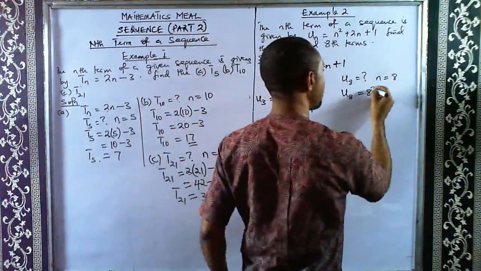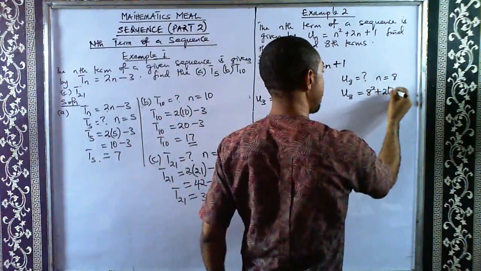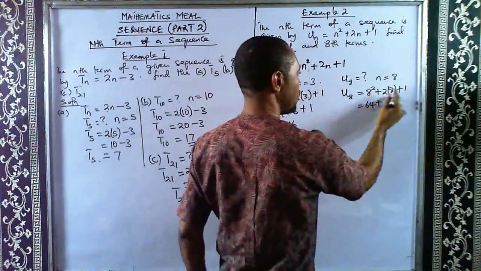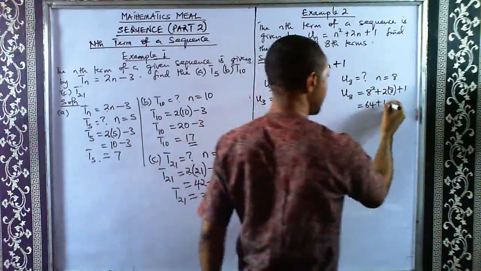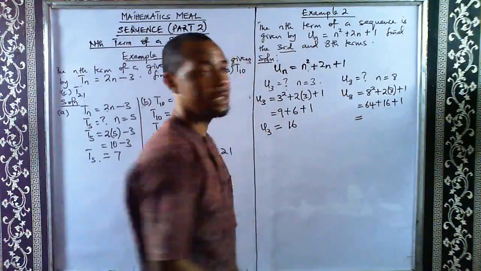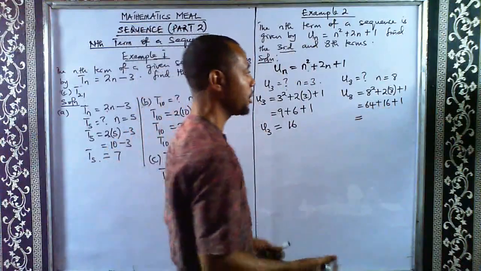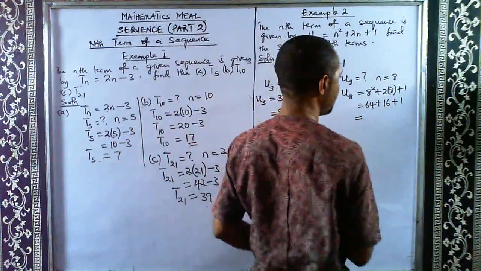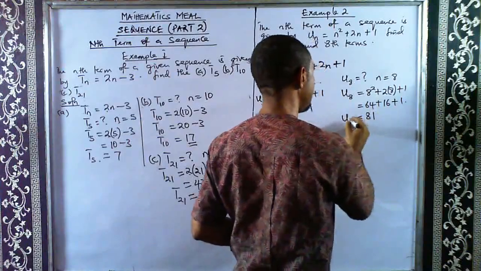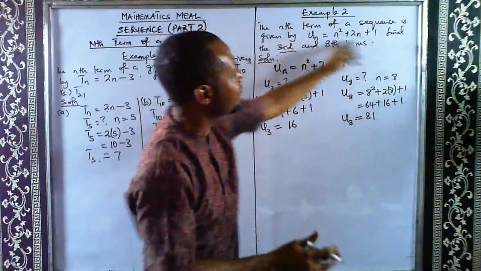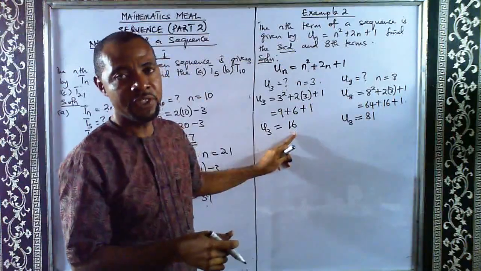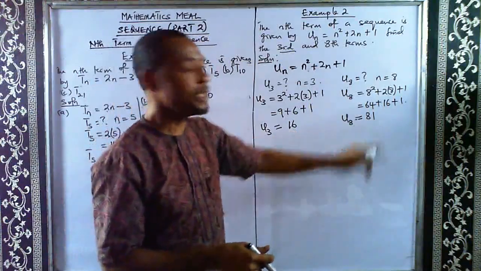So we have 8 raised to power 2 plus 2 times 8 plus 1. 8 raised to power 2 is 64. 2 times 8 is 16, and then we have plus 1. 64 plus 16 is exactly 80, and plus 1 will give me 81. So for the sequence with this n-th term expression, the third term is 16, while the 8th term is 81.